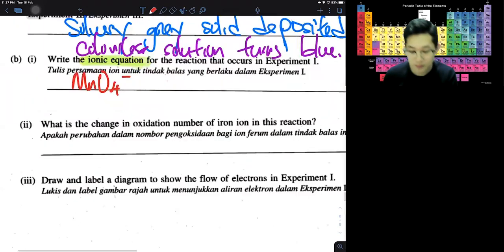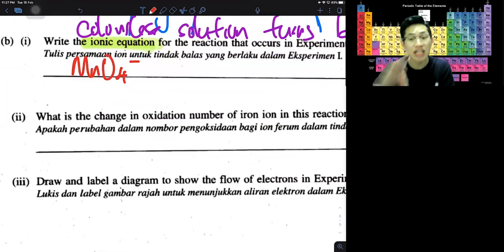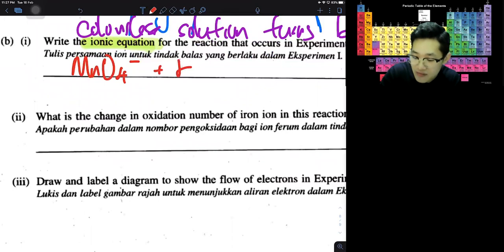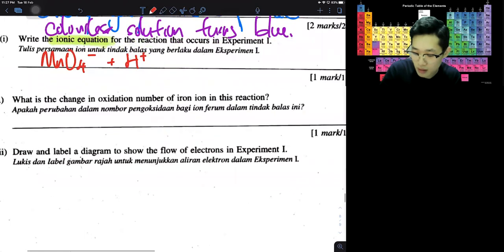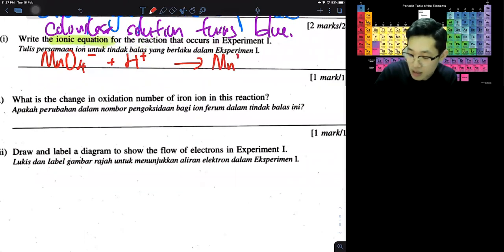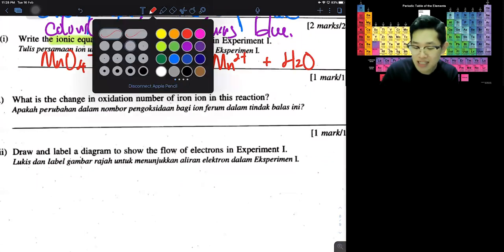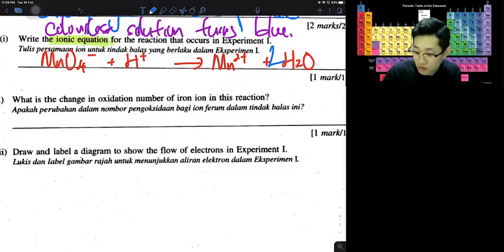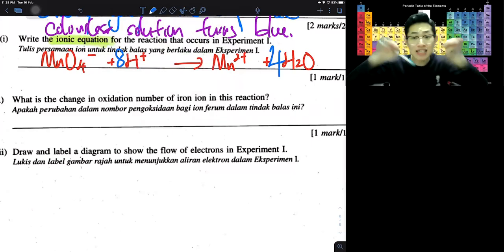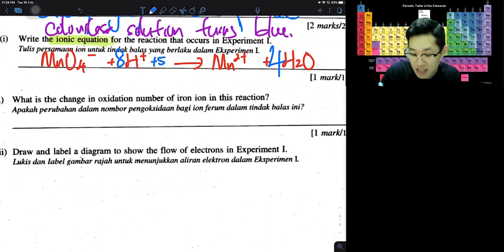MnO4 minus, manganate 7. We ignore the potassium. The acid has H plus. It forms Mn2+ and H2O. Same, we balance the equation. 4H2O, 8H plus. In the end, you balance the charge, you are going to get 5 electrons here.